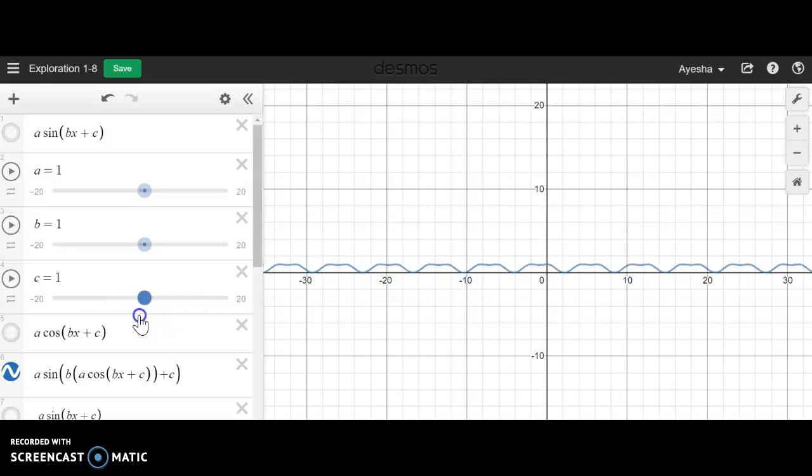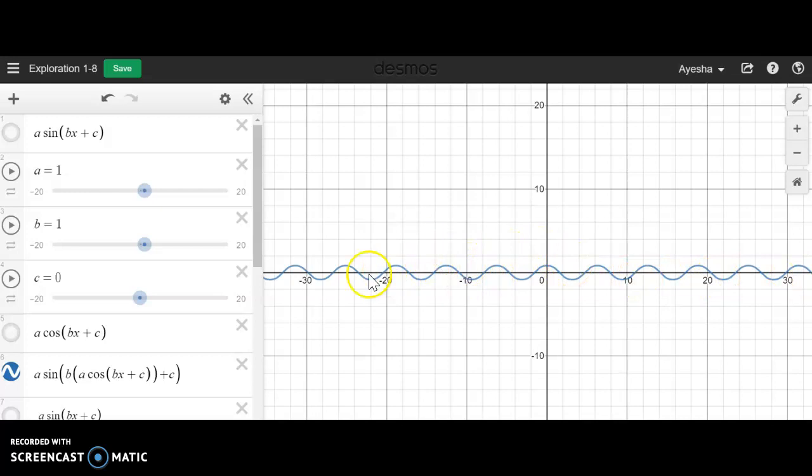Moving towards the positives. Okay, so we have positives again. Okay, then negatives. Okay, so the waves, the curves, when we go towards the negatives, like we've been seeing, they seem to be shifting towards the positive.